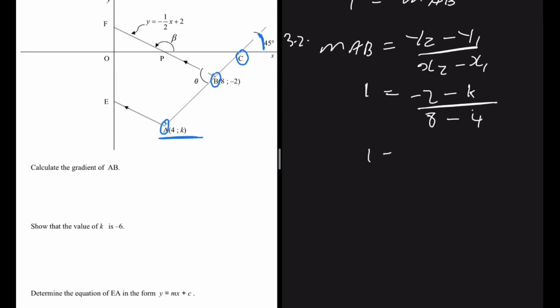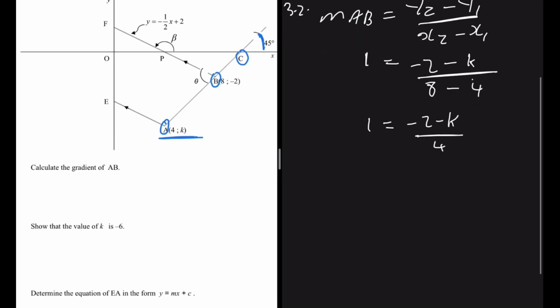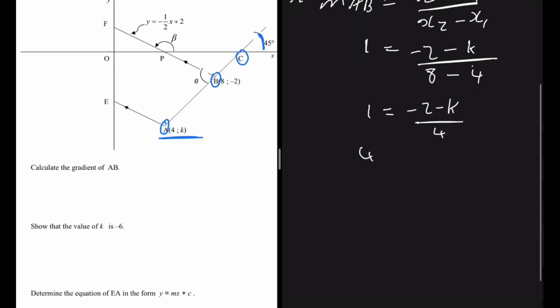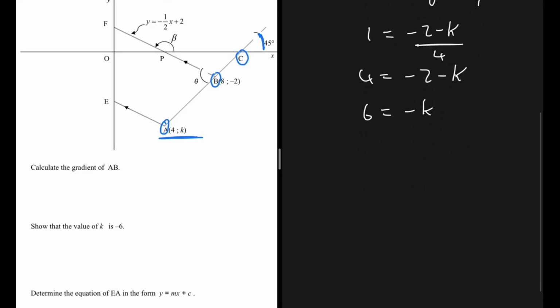So we have 1 is equals to minus 2 minus k divided by 8 minus 4. 8 minus 4, that is 4. We cross multiply, we get 4 is equals to minus 2 minus k. Take minus 2 to the other side, you get 6 is equals to minus k. Divide both sides by minus 1, so minus 6 is equals to k.